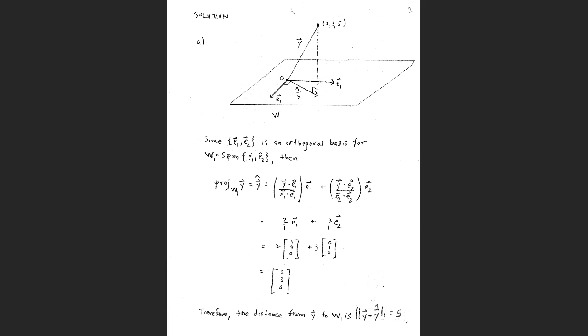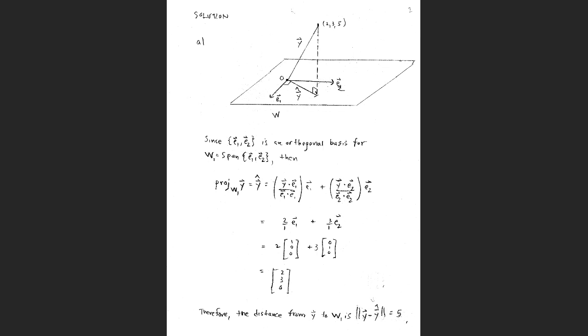You don't want to just be robotically applying formulas. You want to understand the geometry behind what's going on. And so what I'm doing is drawing vectors E1 and E2. Now this should be an E2.